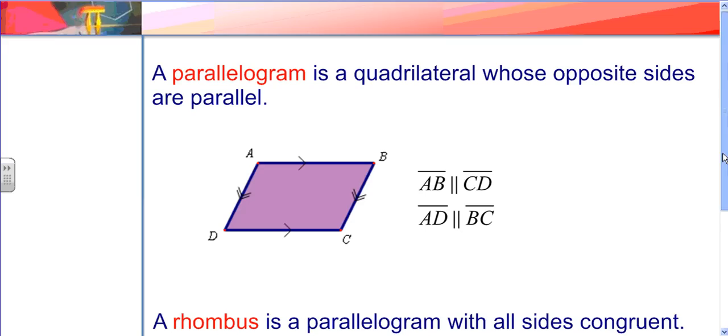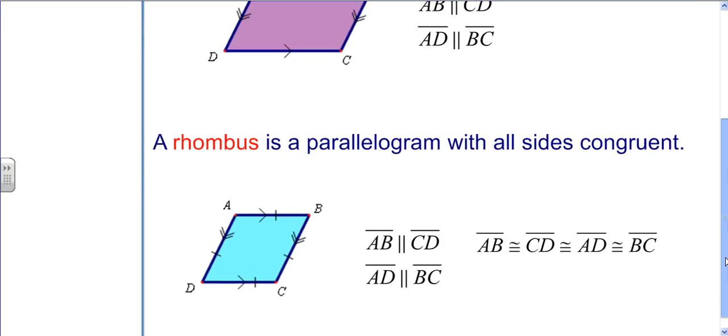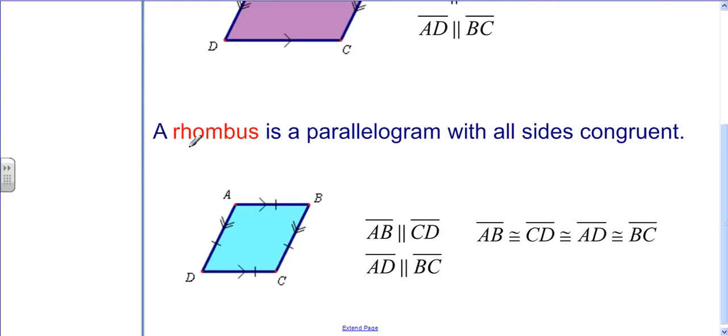All right, now there's actually several types of special parallelograms. The first of which I'm going to talk about is a rhombus. So a rhombus is a parallelogram where all 4 sides are congruent. So you can see in this diagram here we still have segment AB is parallel to CD, and AD is parallel to BC, so these two over here.